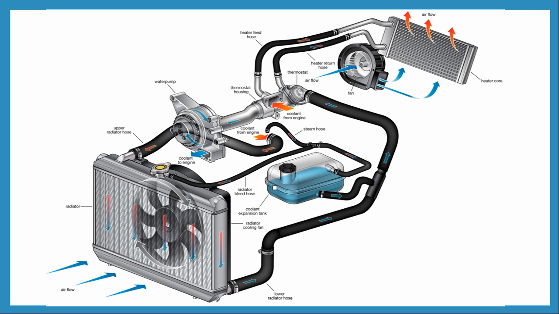This one is the coolant expansion tank. So when the engine heat is passing through here, at first it is transferred to the liquid, with the liquid that is on the water flow.